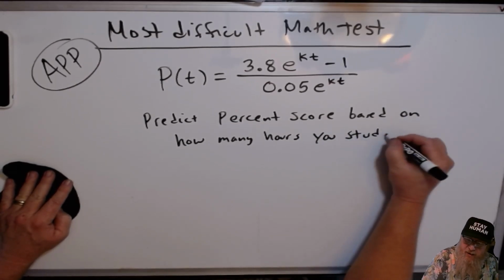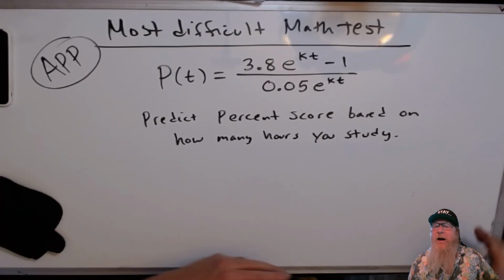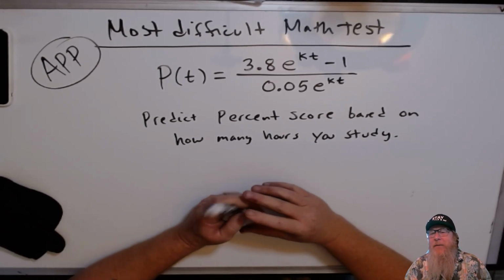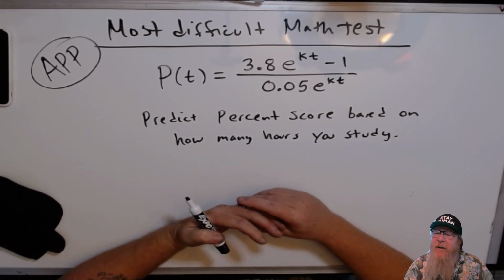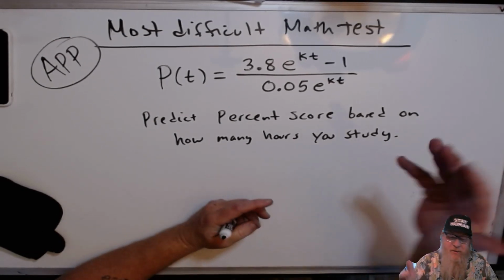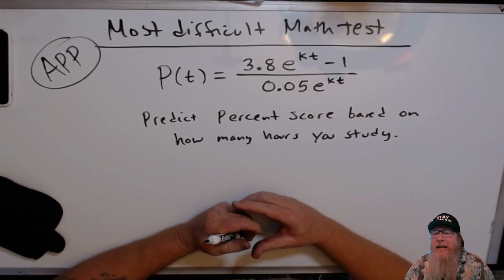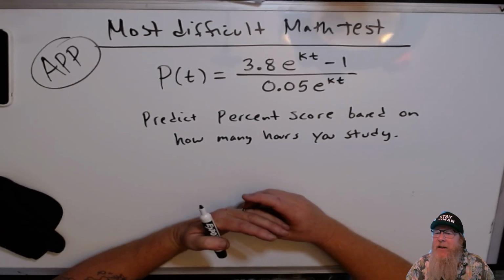Now, of course, the professor doesn't really know how many hours you studied, but the professor would tell us, if you study for 5 hours, plug in 5, and that'll predict what you'll get on the upcoming test.